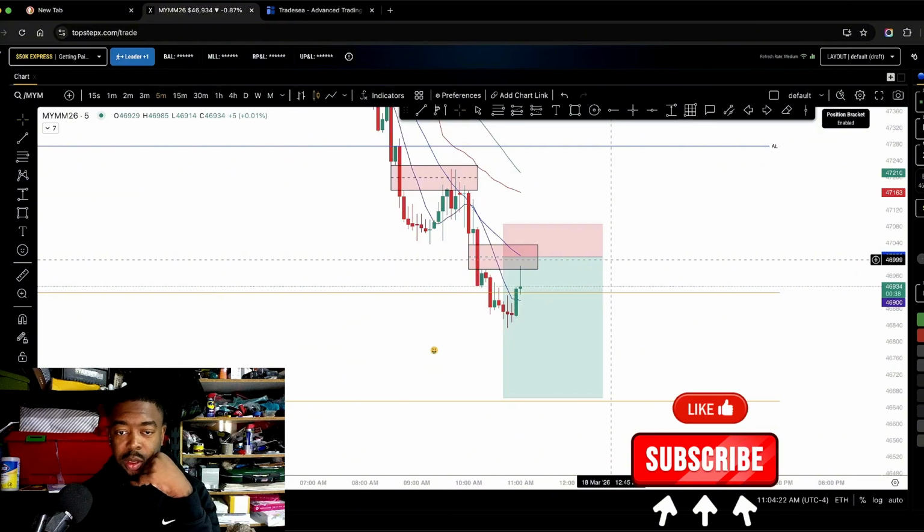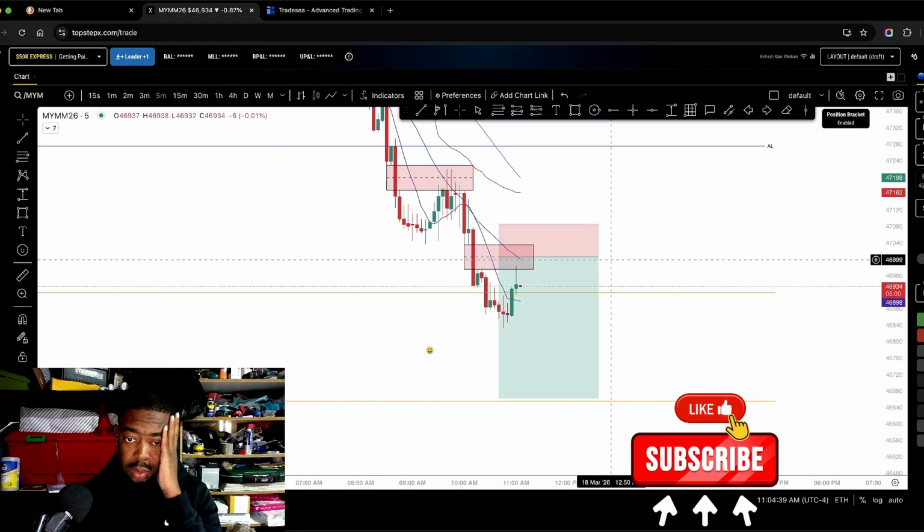Nice rejection out of that zone. But I want to take that entry right there. One thing I know for sure is that we want to get, okay, we got a green candle. We want to hit at least equilibrium before taking that trade.